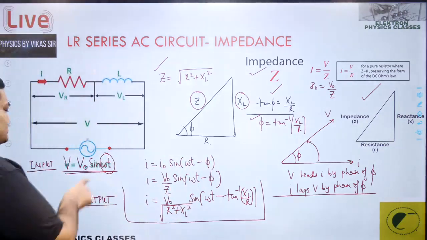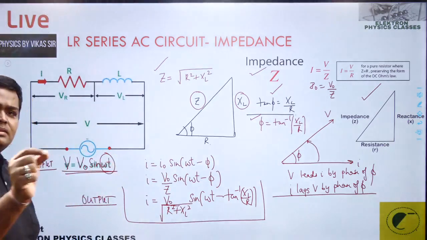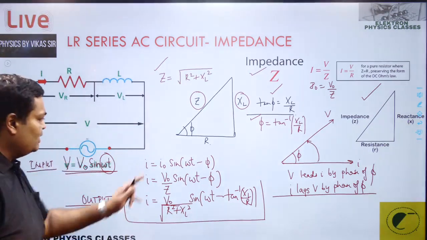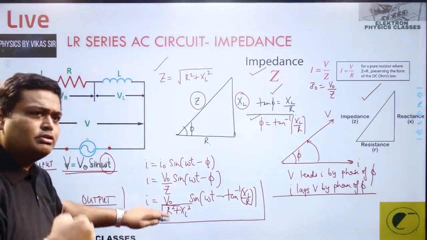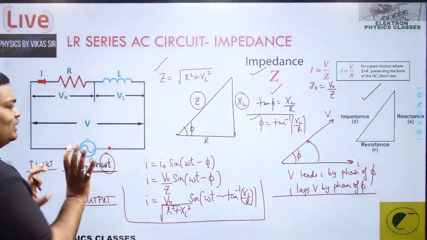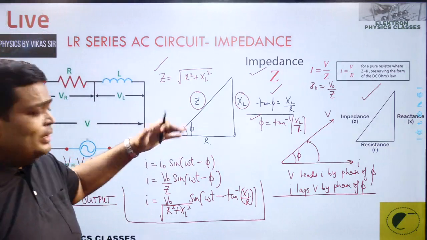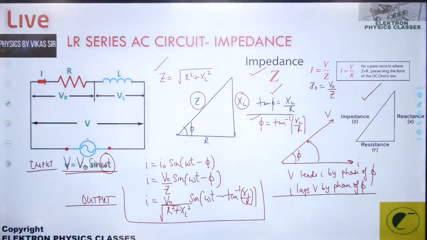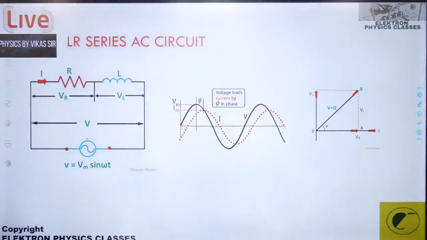Had this been sine of omega t plus 60, it will be sine of omega t plus 60 minus phi. Whatever the phase of the voltage is, the current is going to lag by the phase of phi. So that's the behavior of the LR circuit in AC series circuit.